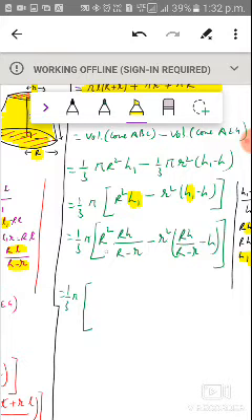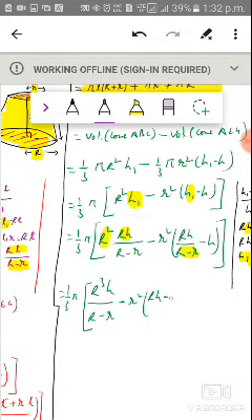So that is 1 by 3 pi. When you multiply R square to R h, we can write R cube h by (R minus r), minus r square, and taking the LCM inside the bracket, R minus r will be the LCM. So we can write R h minus R h plus small r into h by (R minus r).